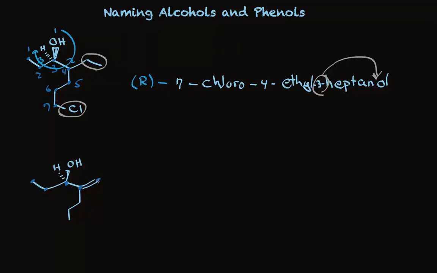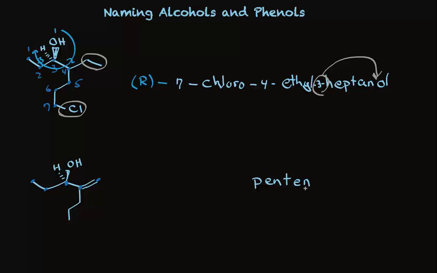This is a pentane. And we're going to alter that name to show the presence of the functional groups, placing the highest priority functional group, hydroxyl, last. So this is a pentenol. We've taken that ANE and changed it to an ENE for the pentane.